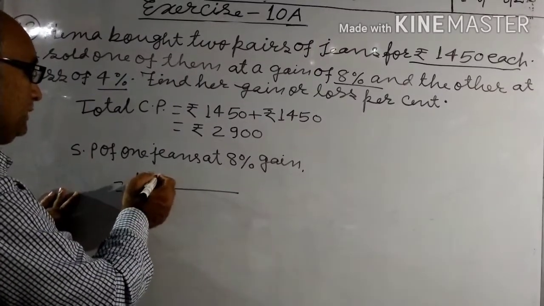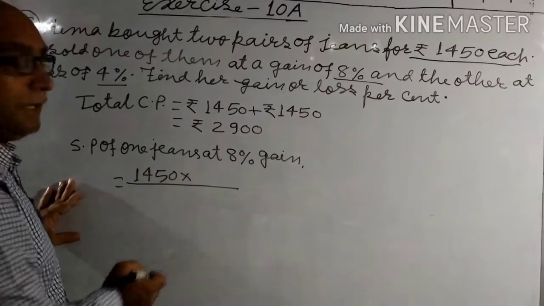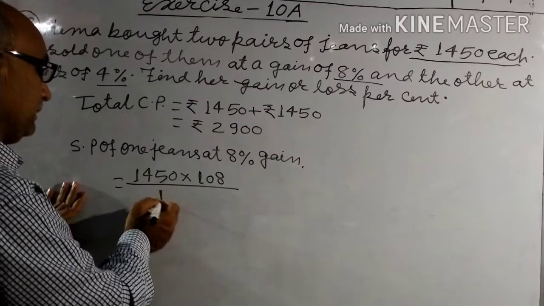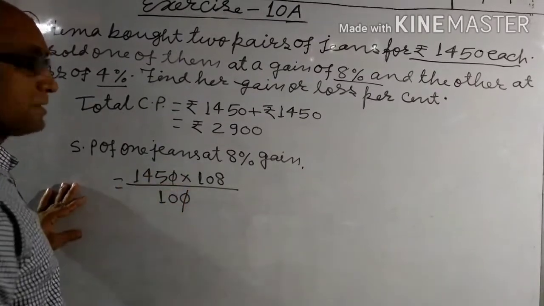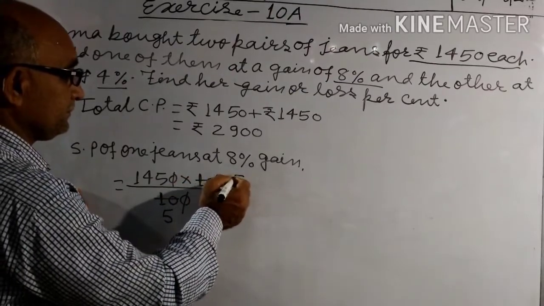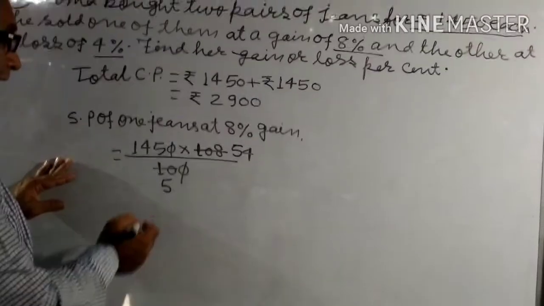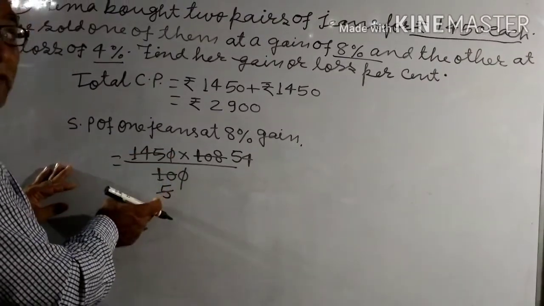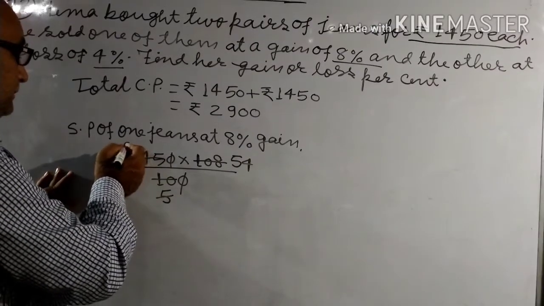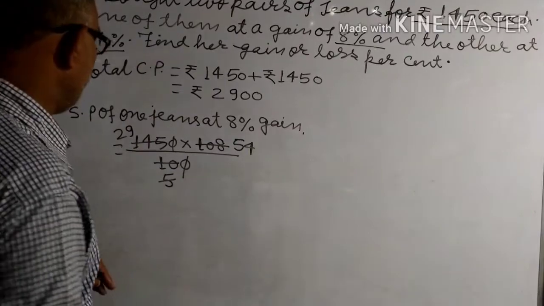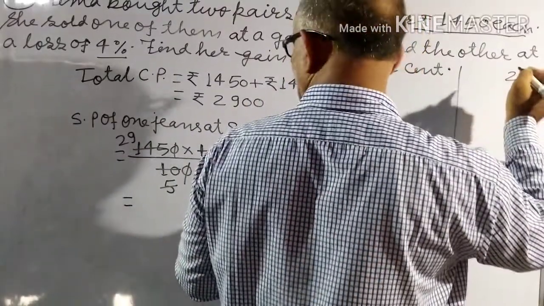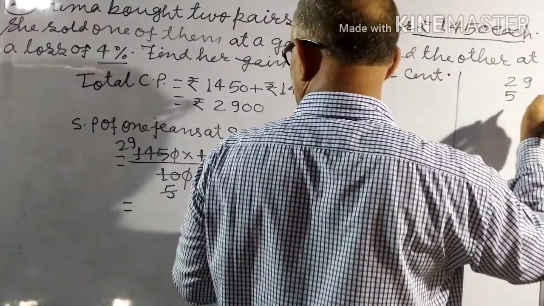So CP is 1450 into 108 by 100. 0 to 0 cancel. 5 twos are 10 and 5 nines are 45, 145 divided by 5 is 29. So 29 multiply 54.